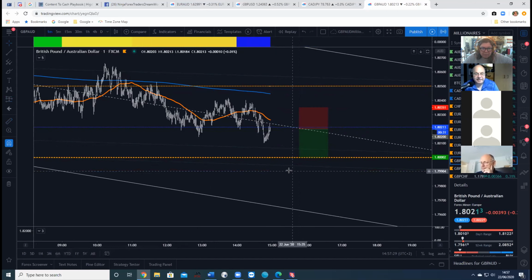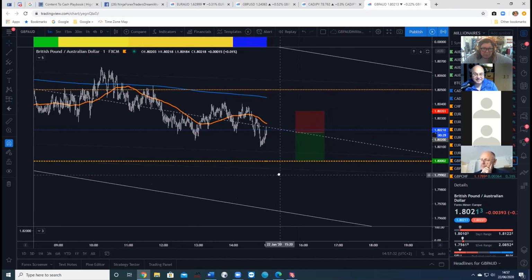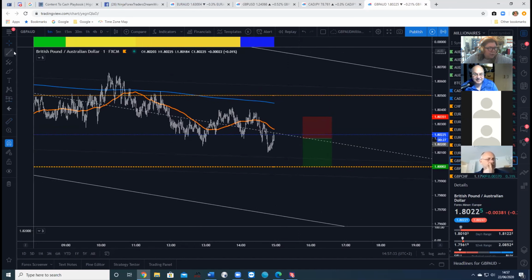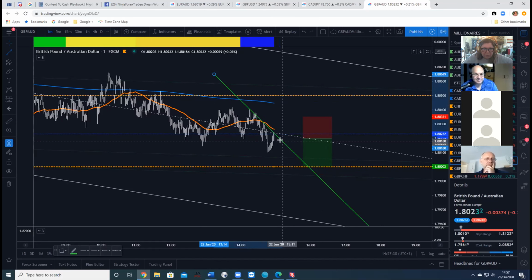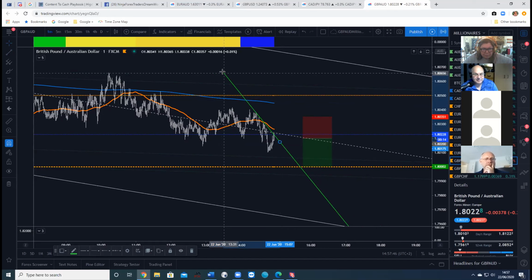You've got a 1 minute downtrend forming here. Okay, let's put that on then. That looks nice. And as we're coming up to the hour, we don't want to get in this side of the hour.